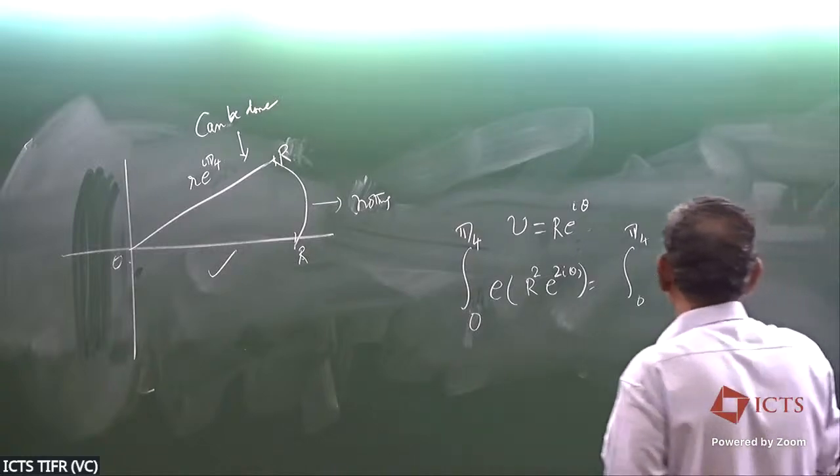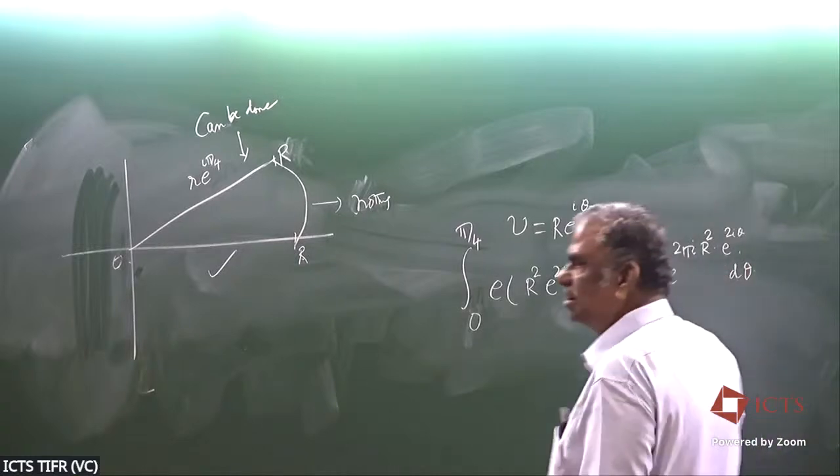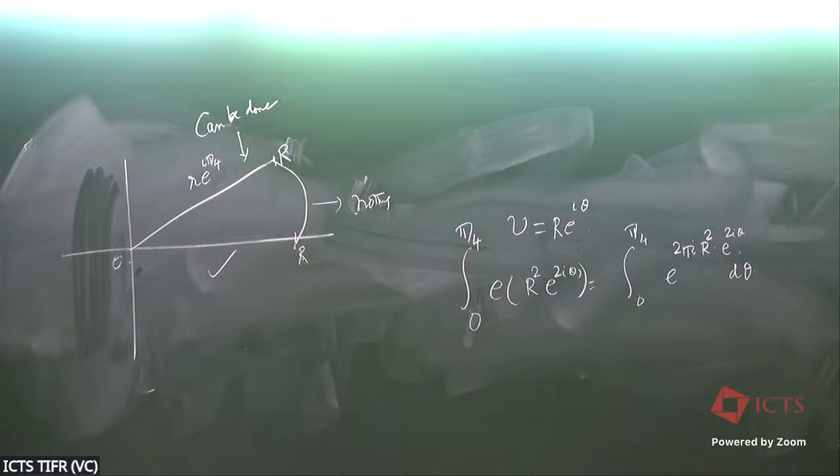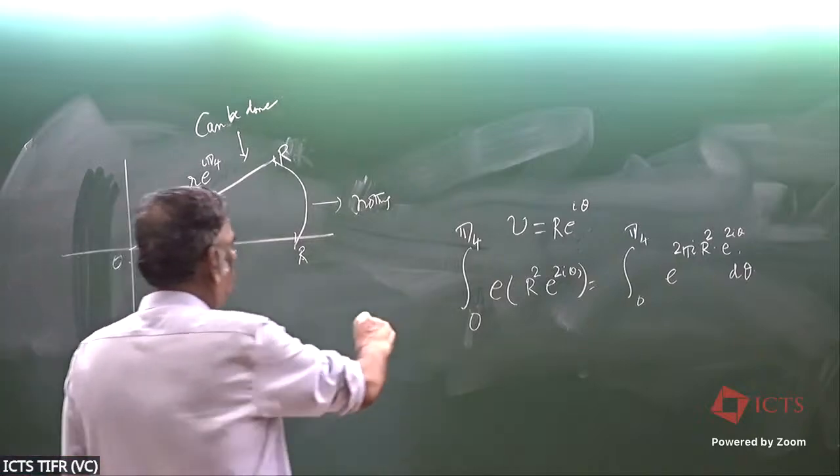And essentially now you can estimate this 2iθ, which is cosine θ, sine θ, and that is around θ. Then integrate and prove that it is nothing, which I leave to you.